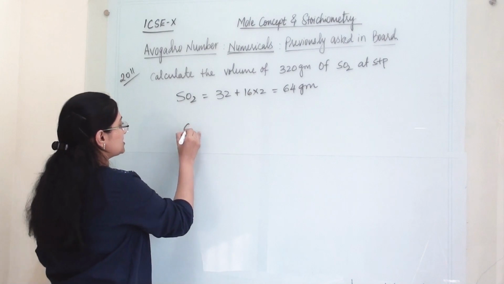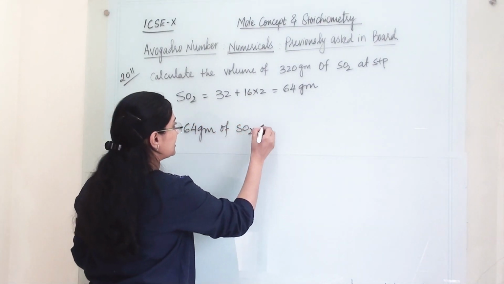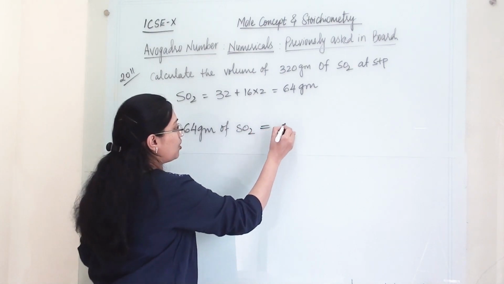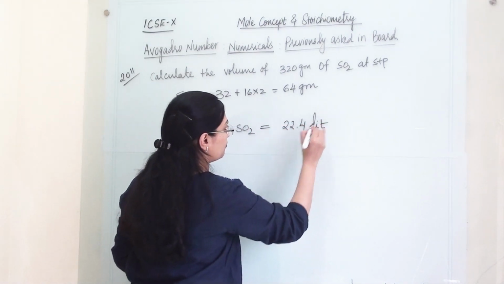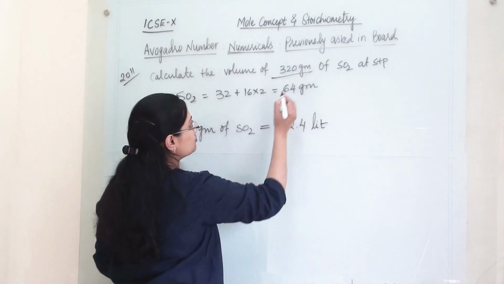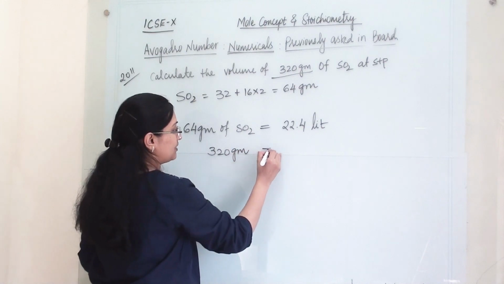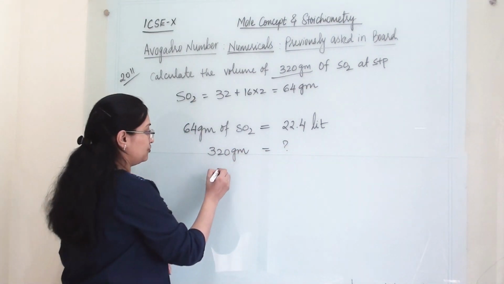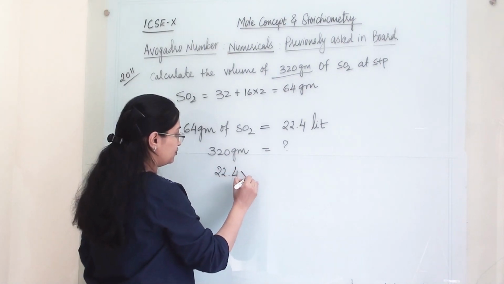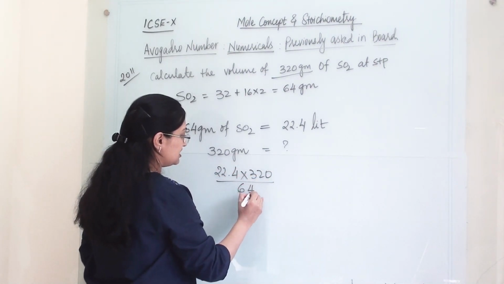So 64 gram of sulfur dioxide will occupy 22.4 liter volume. But how much weight do we have? We have 320 gram of sulfur dioxide. Then what volume will it occupy? So 22.4 into 320 divided by 64.